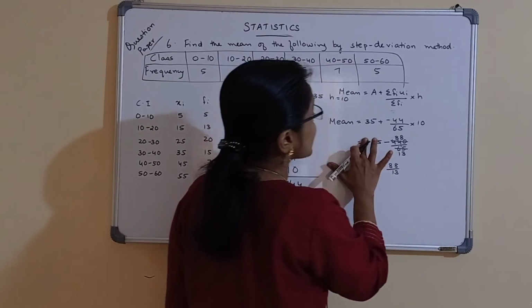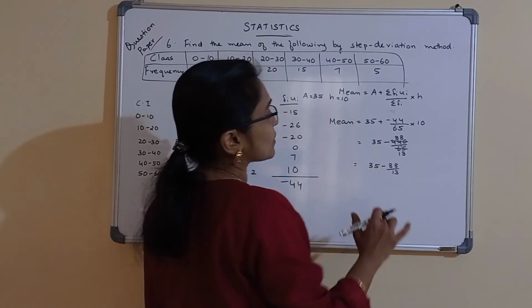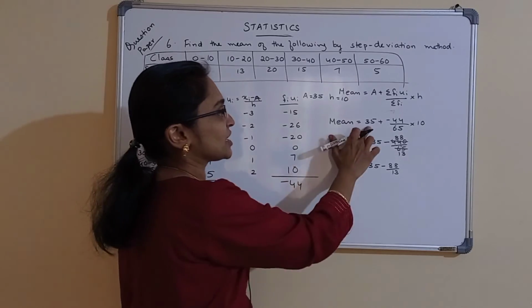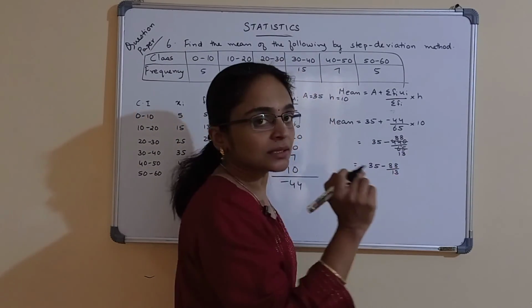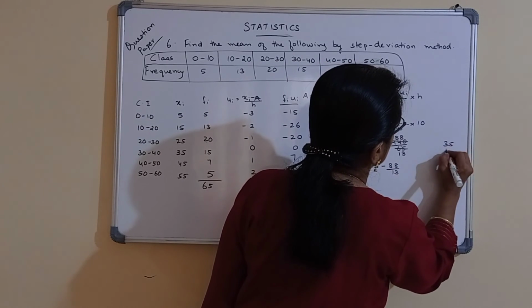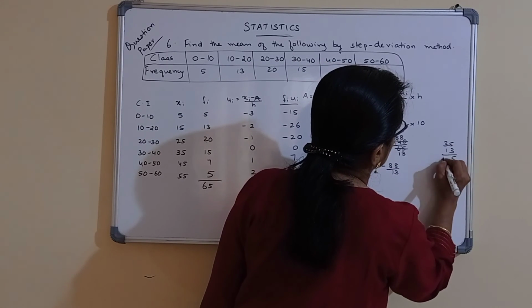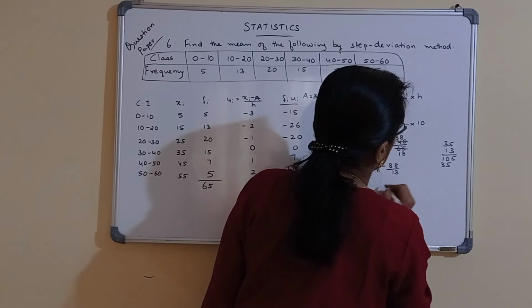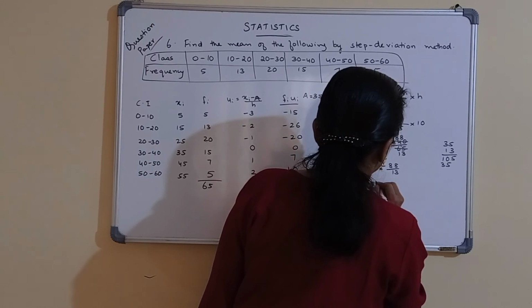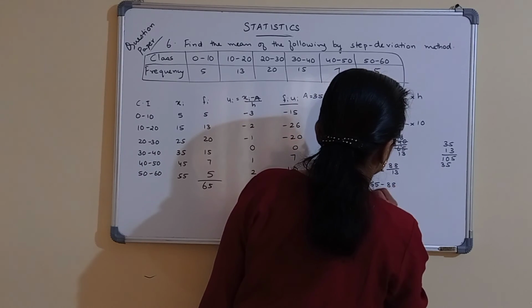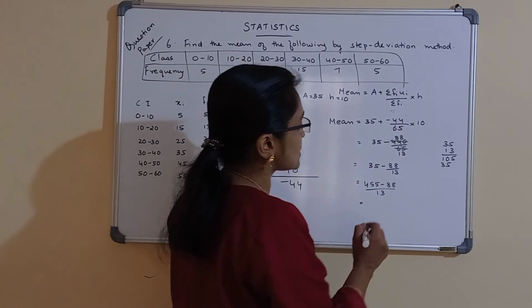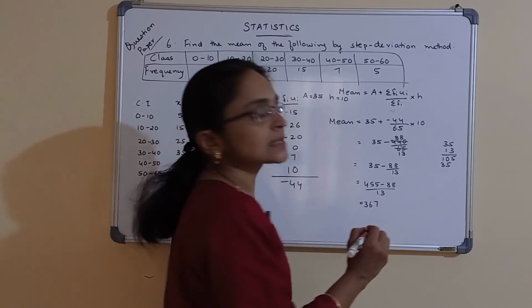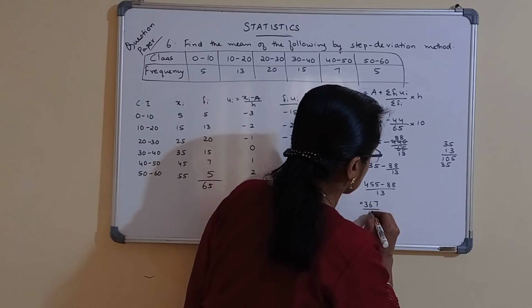A is 35, so 35 minus 88 by 13. And 35 into 13 is 455. 455 minus 88 by 13, which is 367 by 13.